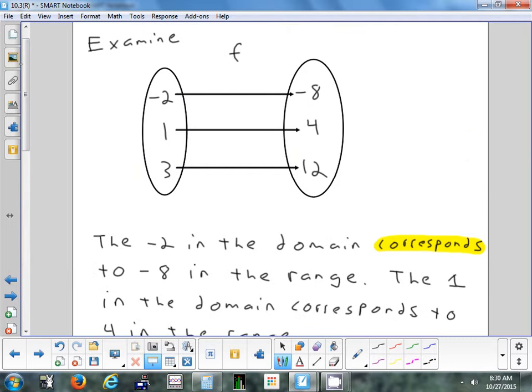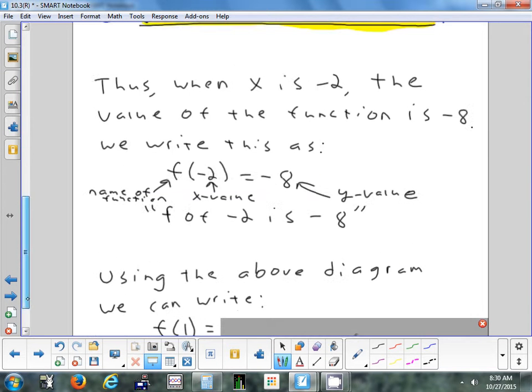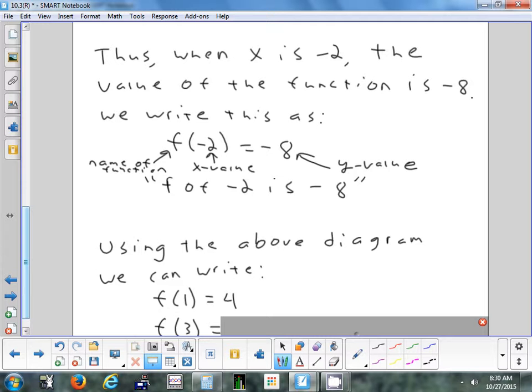If you plug 1 into function f, what is the value? What do you get? 4. Okay, so what I can write is f of 1 equals 4. The value of the function, when you plug 1 in for the domain, is 4 in the range.